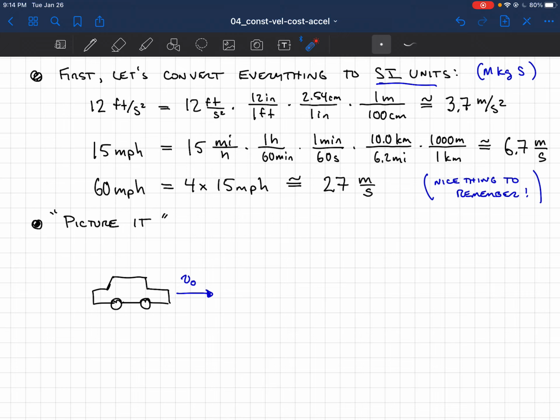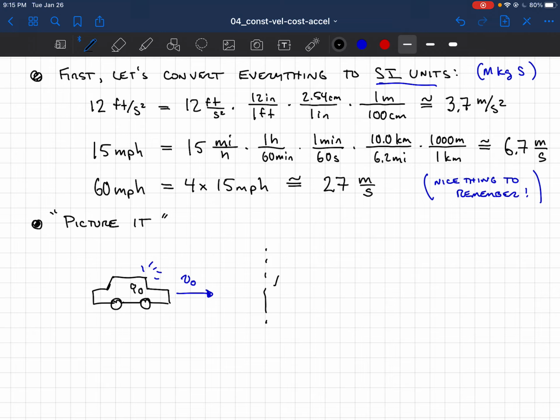And at this moment, it sees something on the road that alerts the driver to put on the brake. But of course, the driver can't do that immediately. There's some amount of time that goes by before the driver is able to put on the brake.